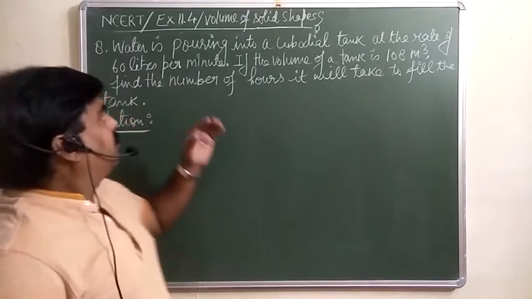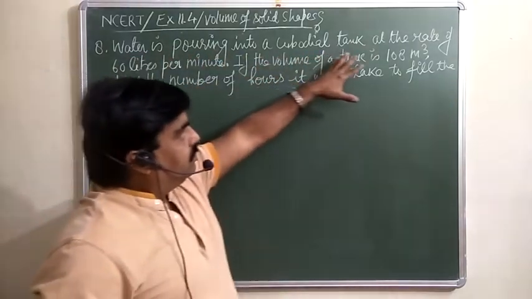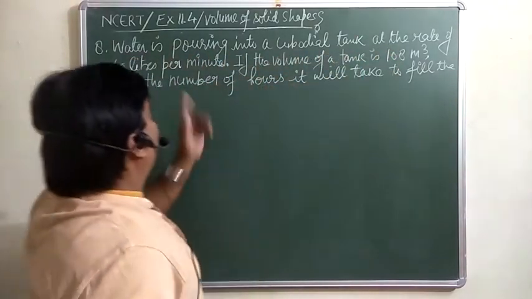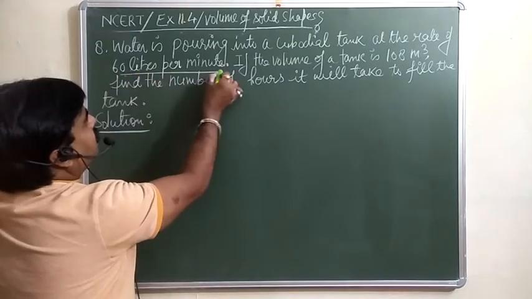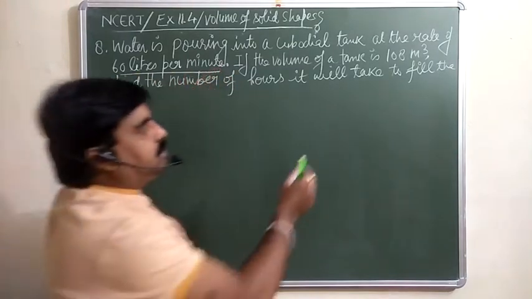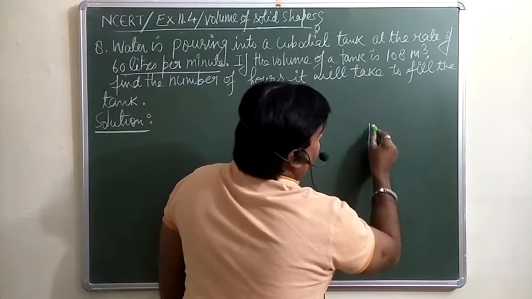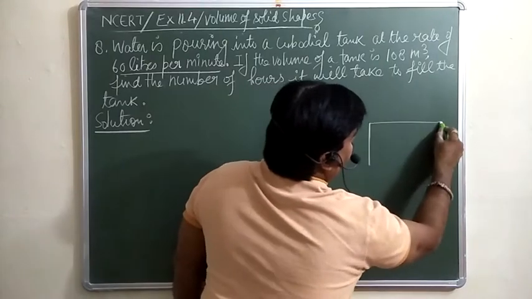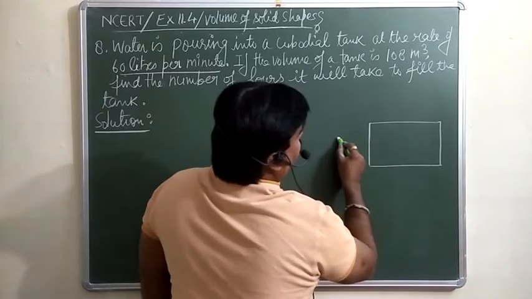Now the question number 8. Question is there is a tank. In the tank the water is falling with this speed only, 60 liters per minute. Means there is a cubical tank, like this. You can say this is your tank.